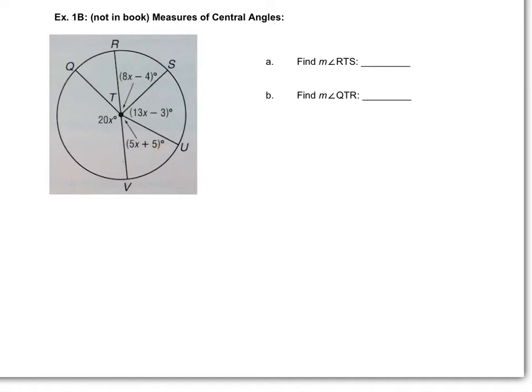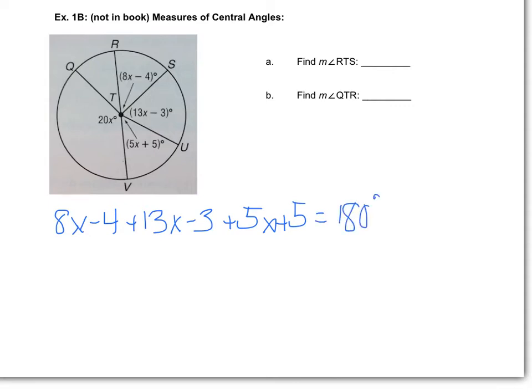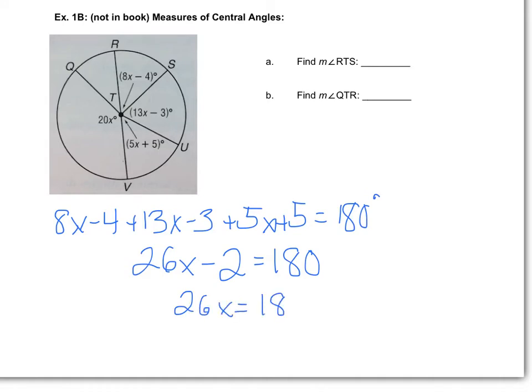So if we add all those pieces, 8x minus 4 plus 13x minus 3 plus 5x plus 5 equals 180 degrees. Then as I add my like terms, I get 26x, and minus 4 minus 3 plus 5 gives me minus 2, equals 180. And 26x, adding the 2, gets me to 182, I divide by 26 and I do get an even 7 this time.